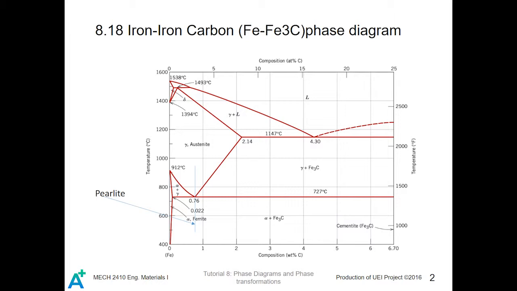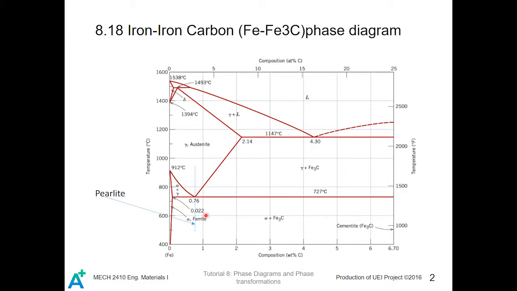The iron carbon phase diagram is shown in this picture. You may notice a few regions. The first thing is the vertical line on the left, which is 0% carbon or 100% iron atoms. The line here is 100% cementite, or 100% Fe3C composition.